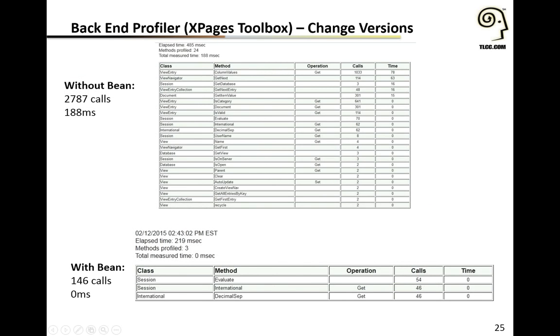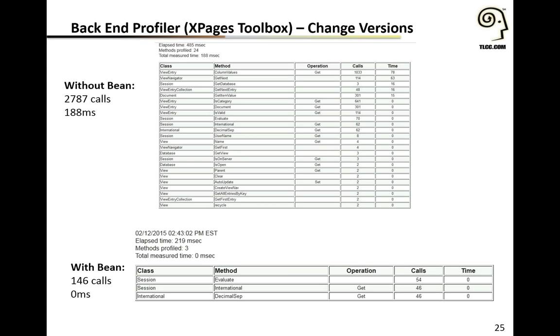Another way to look at this is using the XPages toolbox to profile calls to my Domino backend objects. Before, when I changed versions, and went from, let's say, R9 to R8.5, we had 2,800 calls to my Domino backend objects. That took 188 milliseconds.